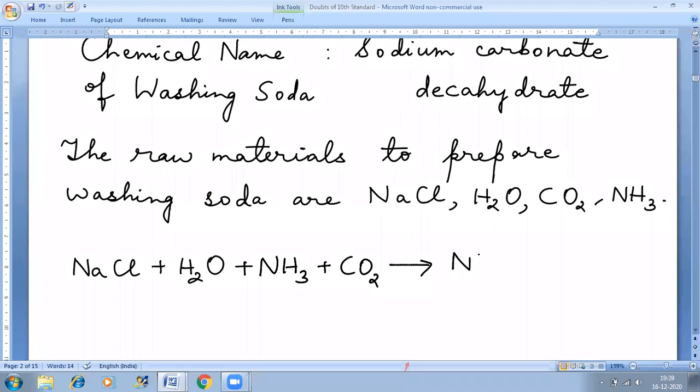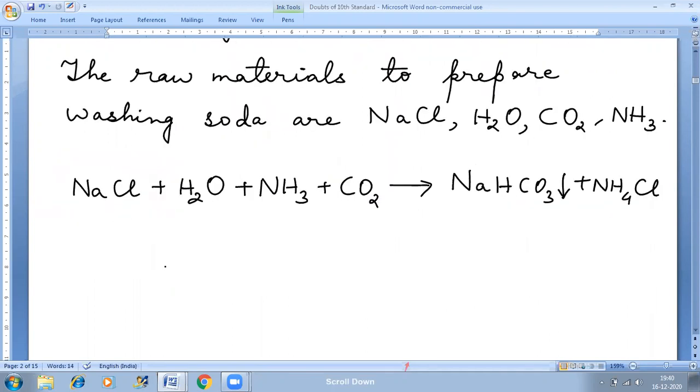These react to give you two different components. NaHCO3 is one product formed. The other product formed is NH4Cl. This is the starting point to prepare washing soda.